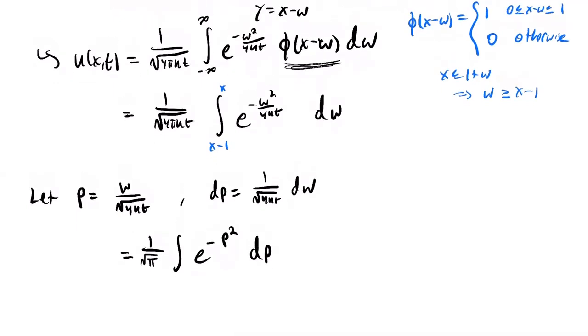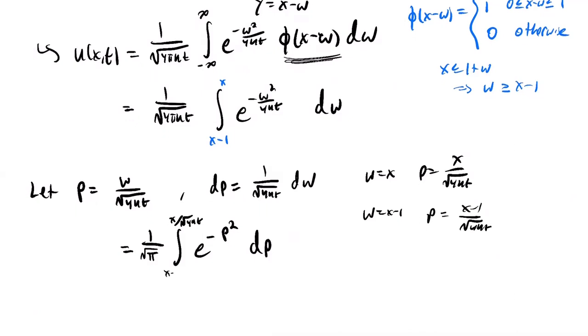And then I just need to double check, well, what are the bounds? How do the bounds change with respect to this substitution? Right, well, if w is equal to x, then p has to equal x over square root of 4kt, right? So that's the top bound. And then if w is equal to x minus 1, then p is equal to x minus 1 over square root 4kt, right? And so that's the bottom bound.